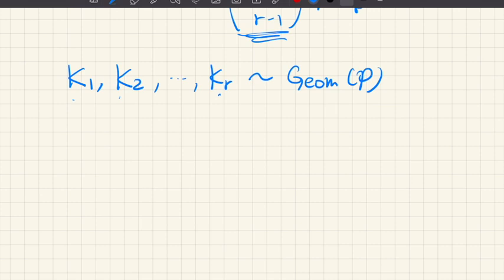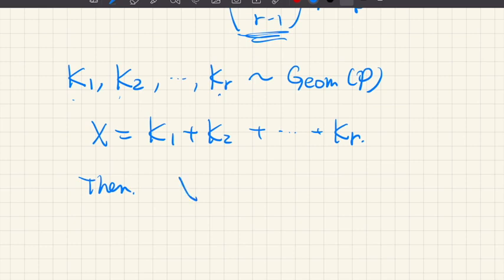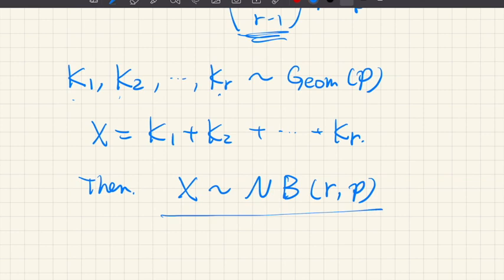Then we define a new random variable as the sum of these geometric random variables. Actually, this new random variable follows the negative binomial distribution with parameters r and p. You should now know how to prove this, at least in principle.